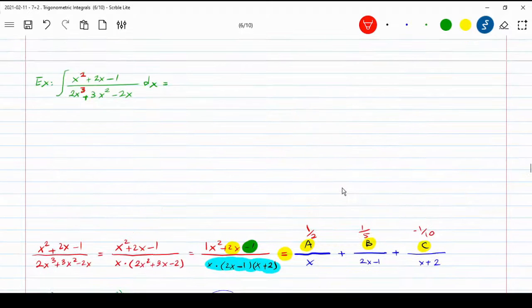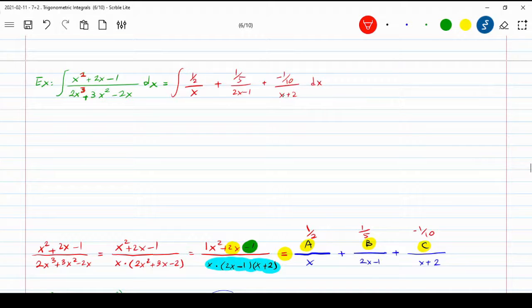So I can rewrite the integral now. The integral becomes the integral of, instead of the whole fraction, I can write 1/2 divided by x plus 1/5 divided by 2x minus 1 plus negative 1/10 divided by x plus 2 dx.